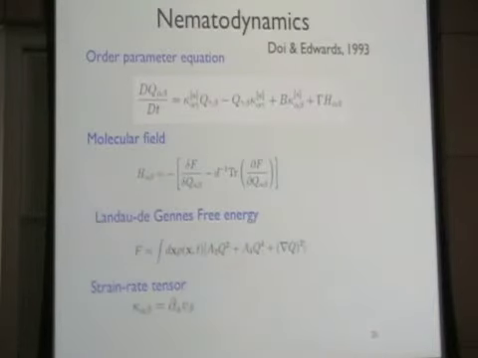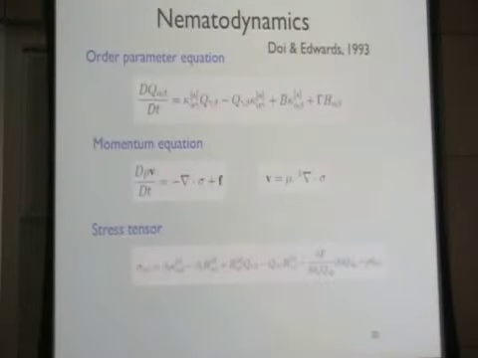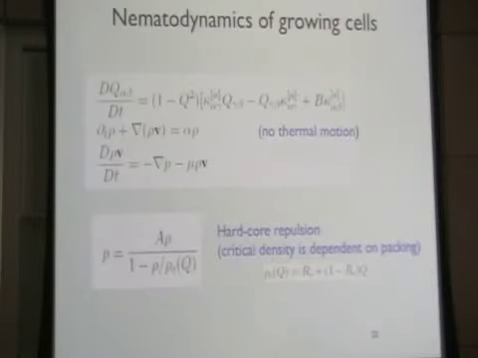So basically, we started from this model, but then we added something and deleted something from it. Of course, we have to couple this with the momentum equation and write down the standard expression for the stress tensor. But then we had to add the growth, and the growth is in this density equation.